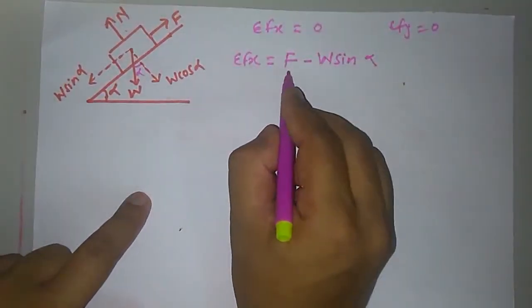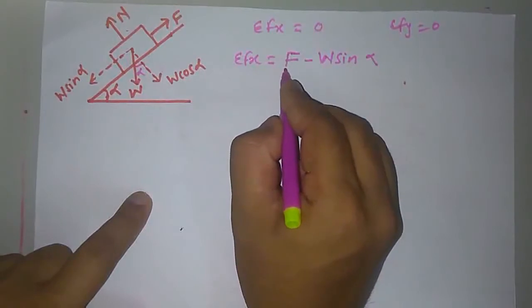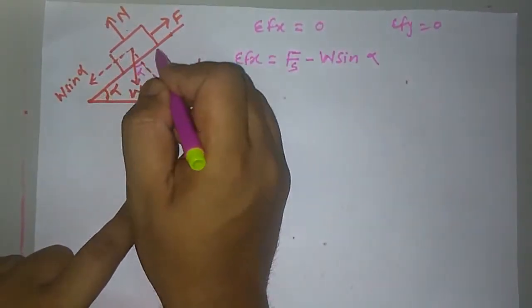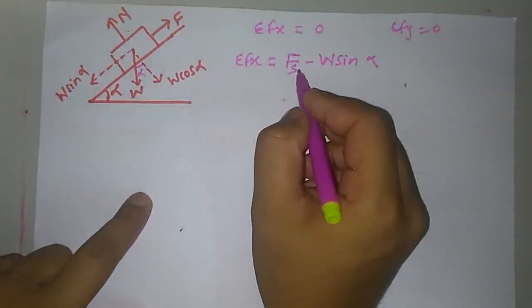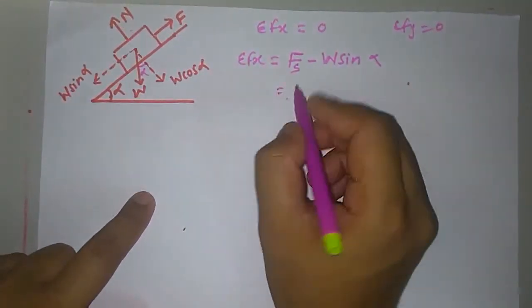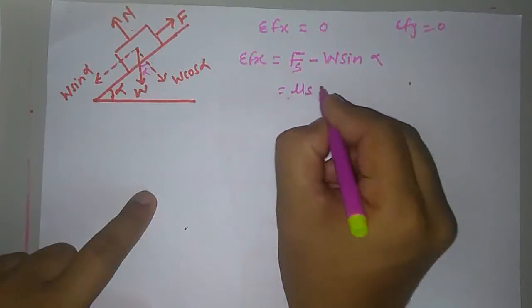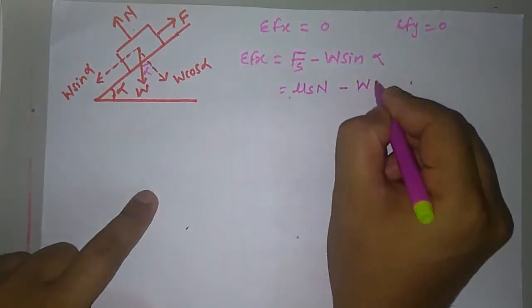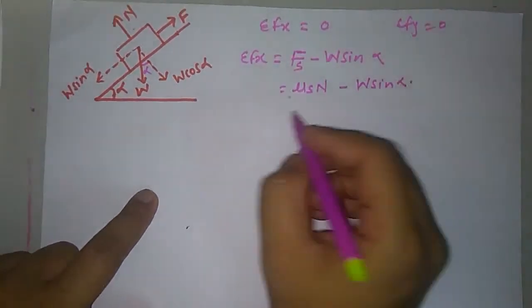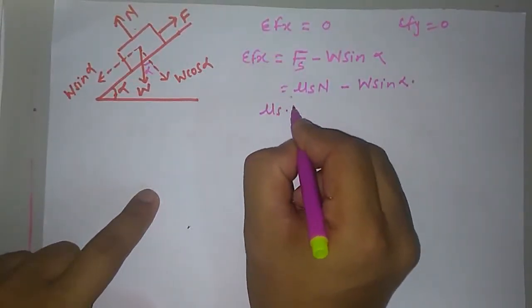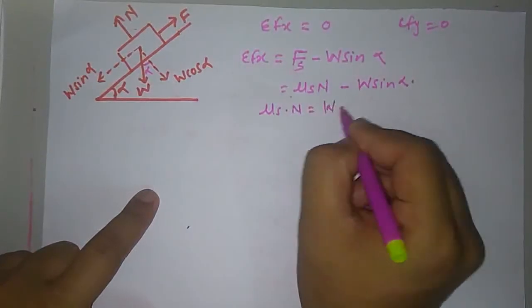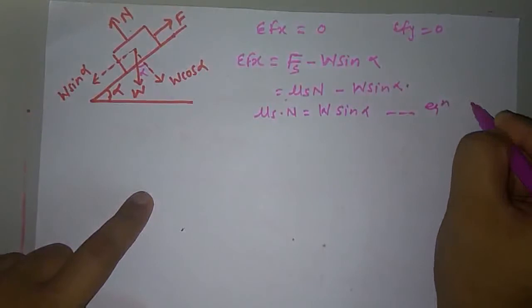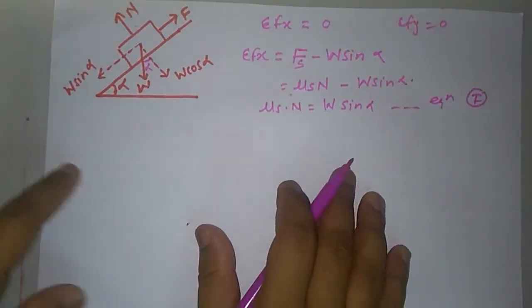Here F is static friction, since we are considering this as in equilibrium. So what is Fs? We know it is mu s into N, minus W sin alpha. So we can write mu s N is equal to W sin alpha. Consider this as equation 1.